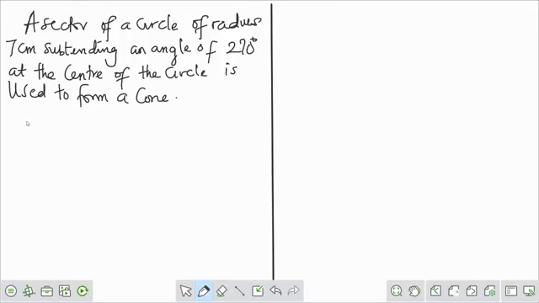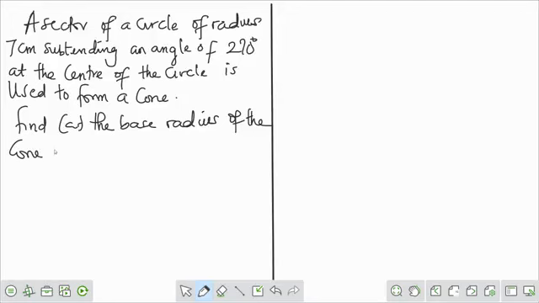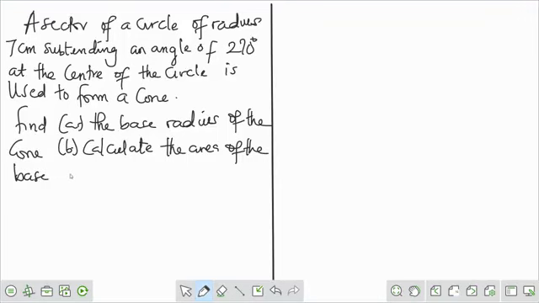Now they said find, a, the base radius of the cone, b, calculate the area of the base of the cone. They give you pi as 22/7.